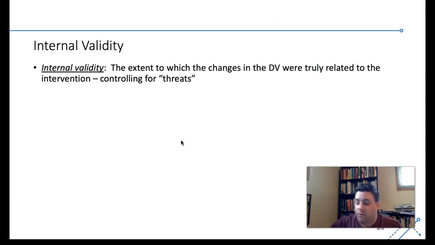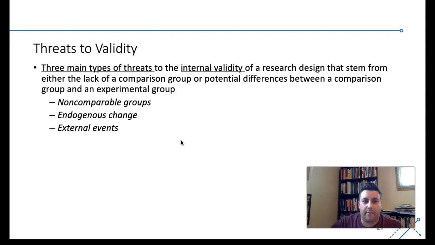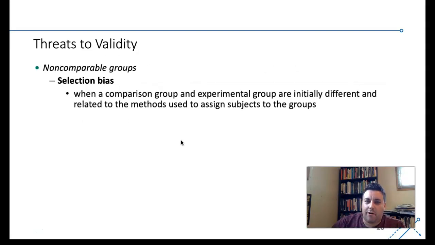So there are a number of threats to internal validity, things that could have caused a change in the dependent variable. Three main types of threats: non-comparable groups, endogenous change, and external events. Let me give you definitions of these real quick. So non-comparable groups is exactly what it sounds like.